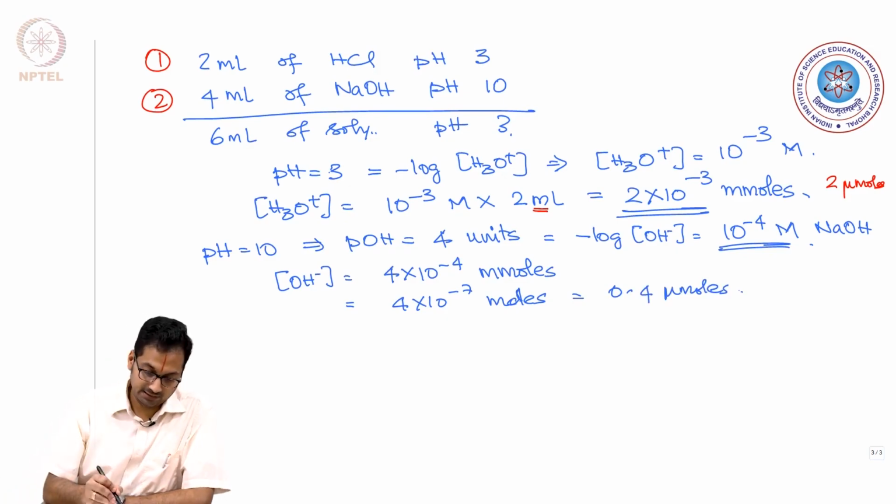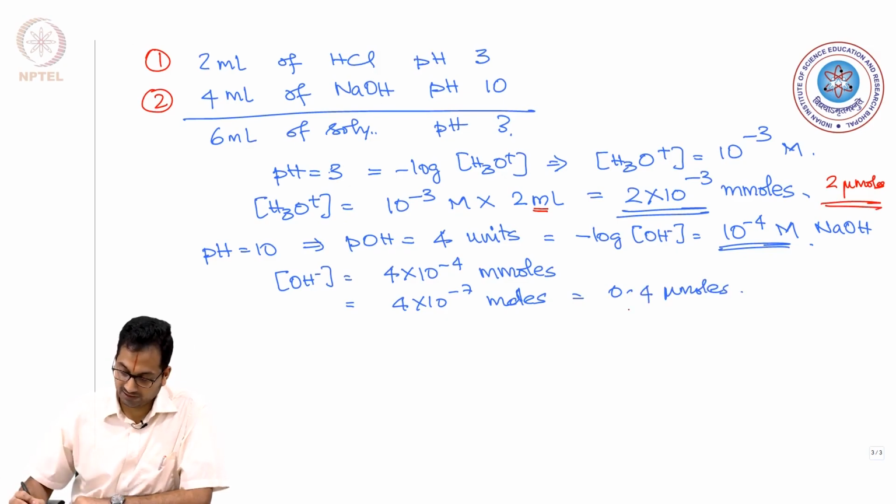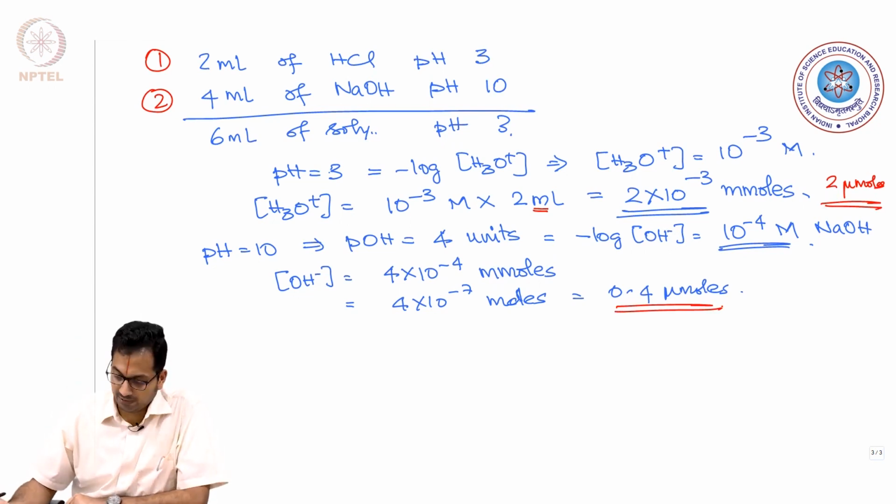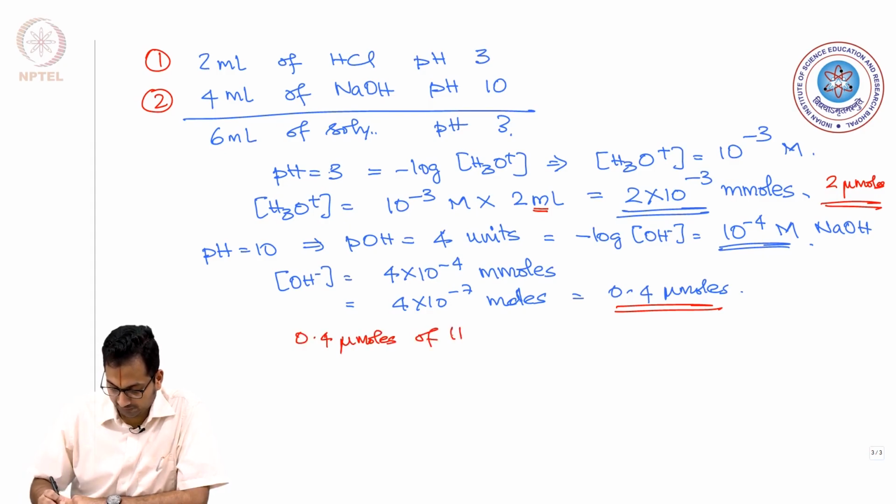So, you are able to realize that you have more amount of H plus ions than the OH minus ions. So, basically the resultant solution should be acidic. So, when you are neutralizing these two, you are going to have 0.4 micromoles of H plus neutralized by this 0.4 micromoles of OH minus.